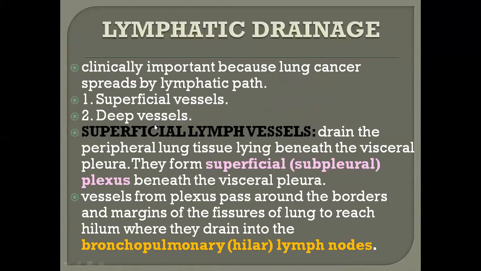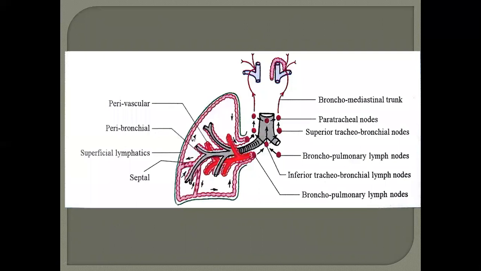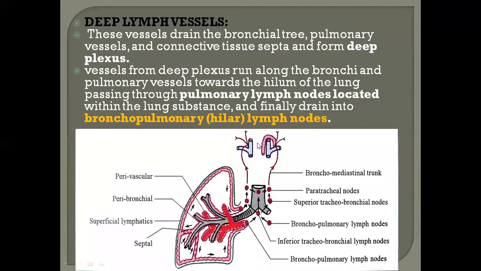Lymphatic drainage, we have superficial lymphatic vessels and deep lymphatic vessels. Superficial lymph vessels drain the peripheral part of the lung tissue lying beneath the visceral pleura. They form the superficial subpleural plexus beneath the visceral pleura. Vessels from this plexus pass around the borders and margins of the fissures of the lung to reach the hilum, where they drain into the bronchopulmonary, that is hilar, group of lymph nodes.